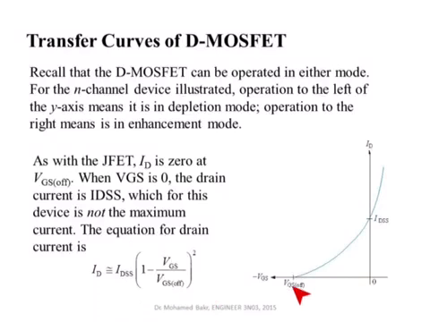So when the voltage drops below VGS off, they don't call it VGS threshold here, then the current will go to zero. But when VGS exceeds VGS off, then you get a current flowing. And when VGS is equal to zero, so when this term is zero, this whole thing will be 1, the current flowing is equal to IDSS.